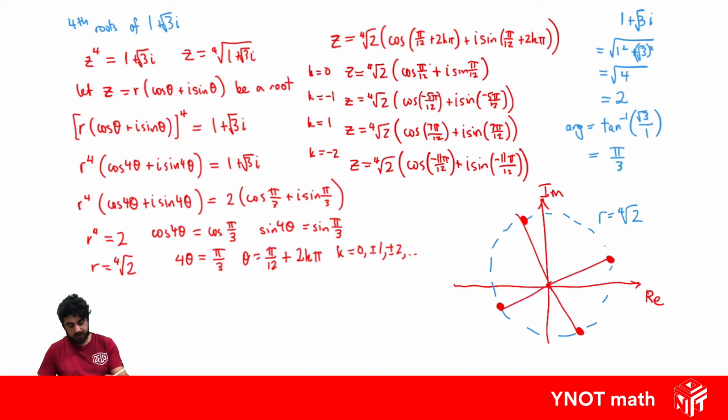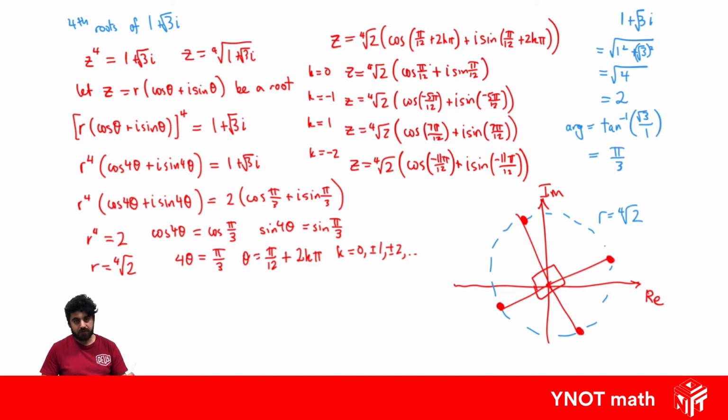Now, this diagram isn't to scale, but all of these are evenly spaced, so they're all separated by right angles because there's 4 of them. And there's no conjugate pairs because the equation involved non-real coefficients. Last time there was a conjugate pair because we only had real coefficients.